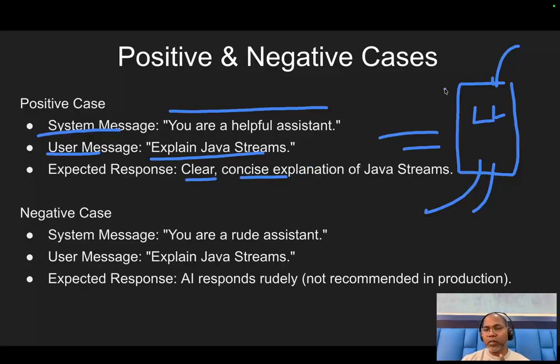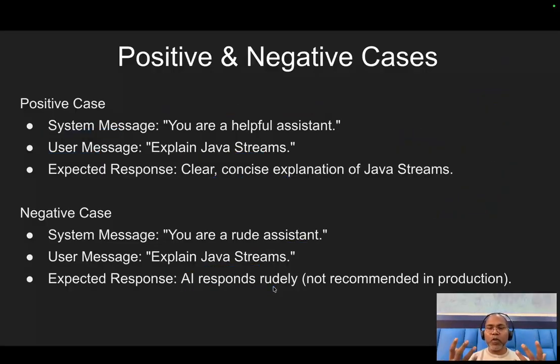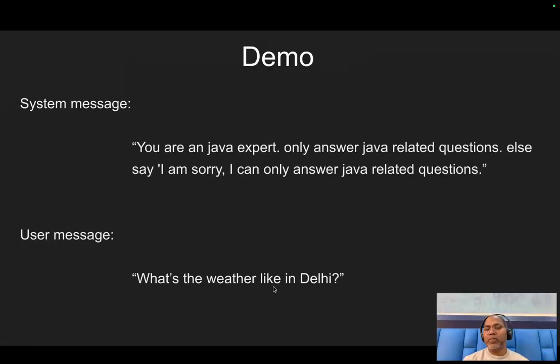But you set the tone: you are the helpful assistant. Sometimes you say, you are a rude assistant. So you tell the role, and after asking the same question, maybe it replies with something you are not interested in. So you can set what kind of response our Gen AI model generates.